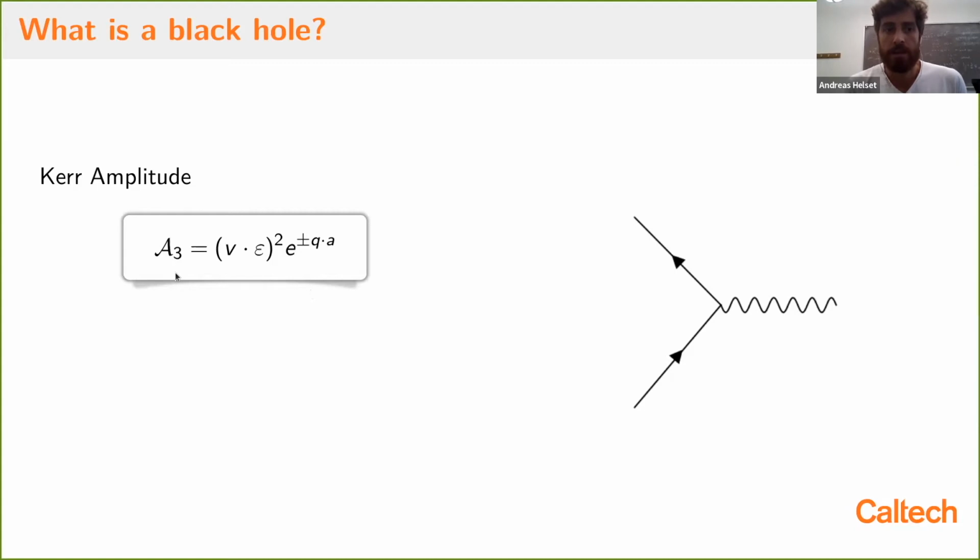In this amplitude, all the spin information is contained in this exponential factor. And we have good reasons to believe that this corresponds to the dynamics of a Kerr black hole.